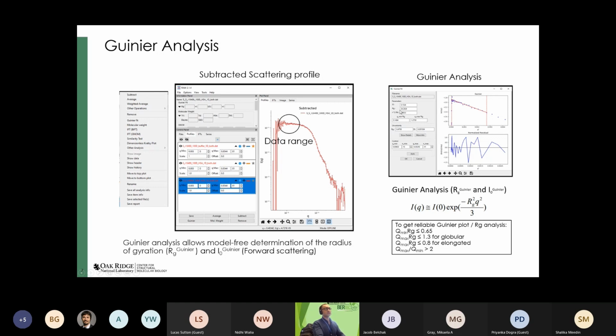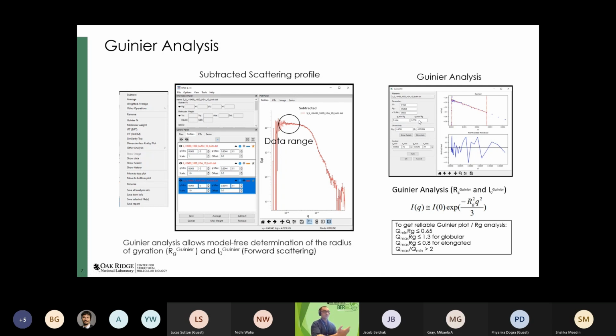And the radius of gyration, which in this case is 24.2 plus or minus around 0.5, and it gives you the Q minimum and Q maximum. Also, the Q by RG limits are given here. As you see, Q minimum by RG is way below 0.65, and Q maximum by RG is not greater than 1.3 as well.